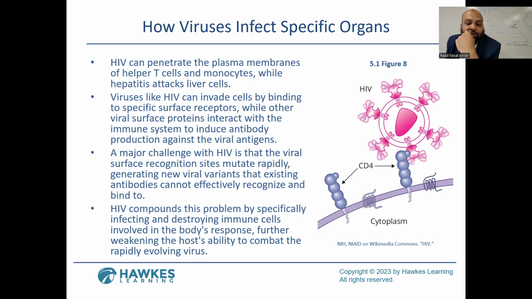So the problem with HIV is that it mutates so frequently that the antibodies cannot keep up with making recognition sites based on the mutation. Your antibodies can target known variants of viruses, but HIV mutates so rapidly that your antibodies cannot target it.